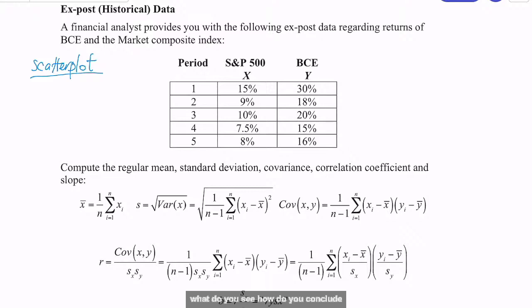What do you see? How do you conclude? I want you to make a scatter plot and I want you to comment, is the relationship linear? I want you to comment on the strength and the direction.